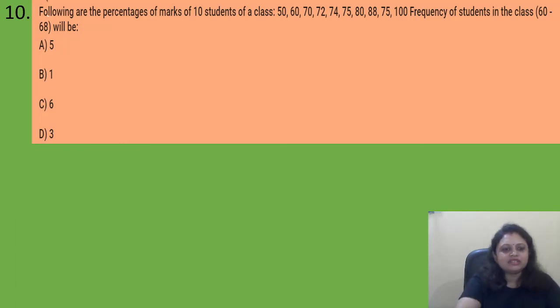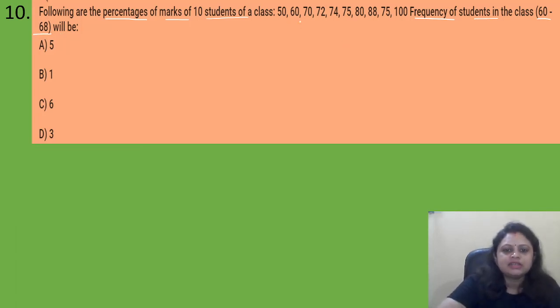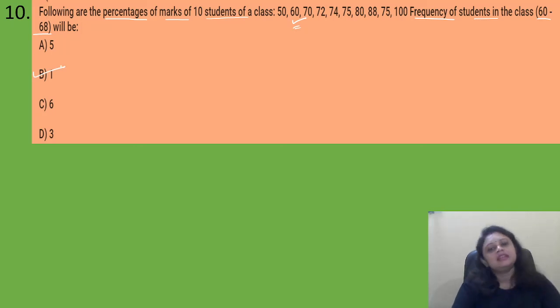So in the question it is asked the percentage of marks of 10 students are given. Okay. So the frequency of students in the class of 60 to 68. Okay. 60 to 68. Yes, 60 is here and no number is between this 60 to 68, right? Except 60. Only 60 is there. That means the frequency is how many? It is 1 only. So the correct answer is option B, that is 1.